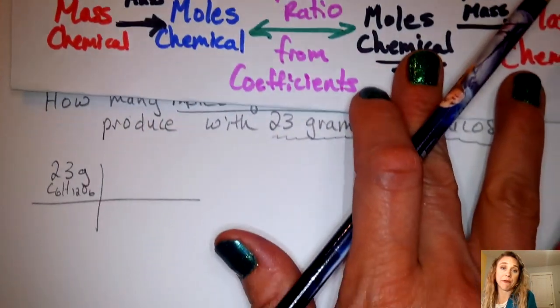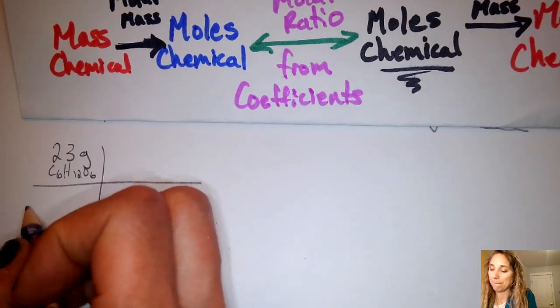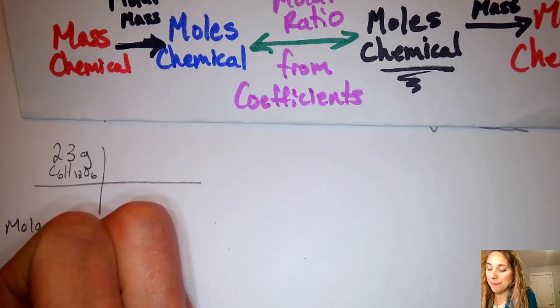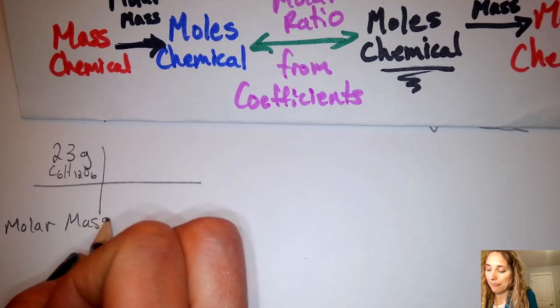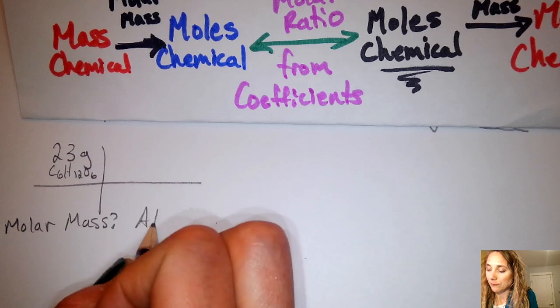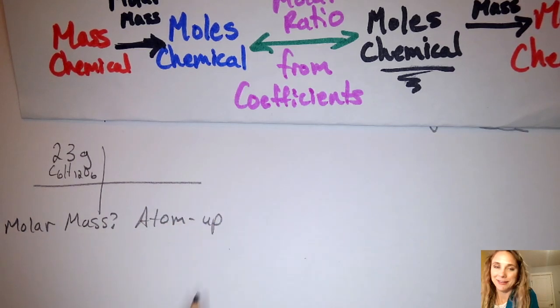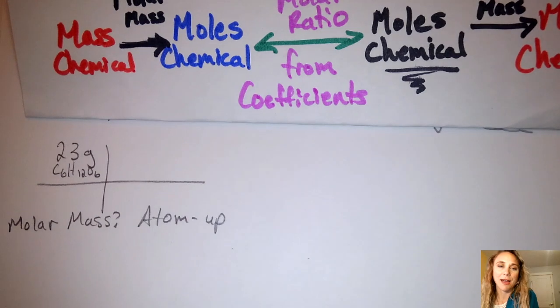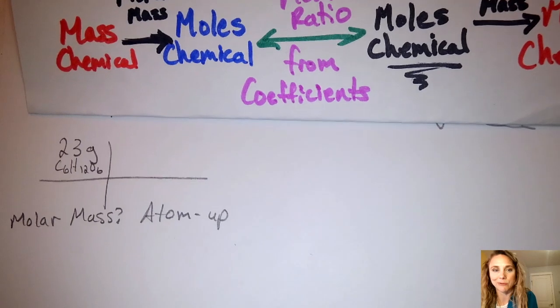Okay, so how do we find molar mass? Well, you add them up. Literally, add them up. Get it? Funny. Literally, what you need to do is take the individual masses of the atoms and take into account how many of each type of atom you have in the molecule of glucose.